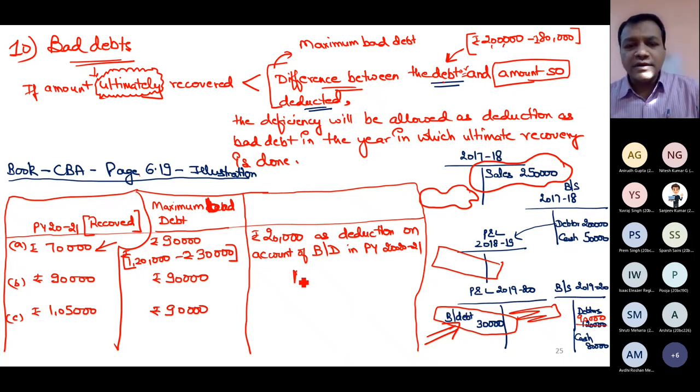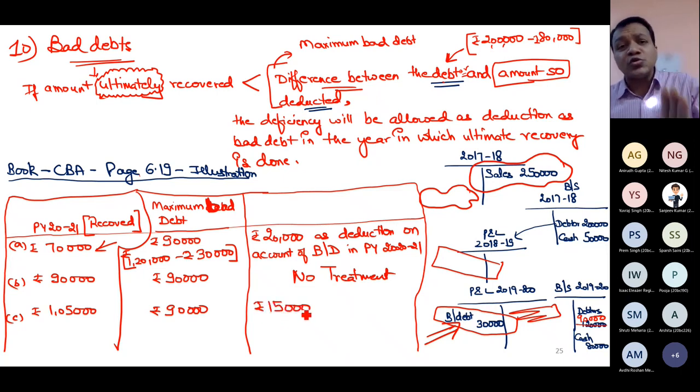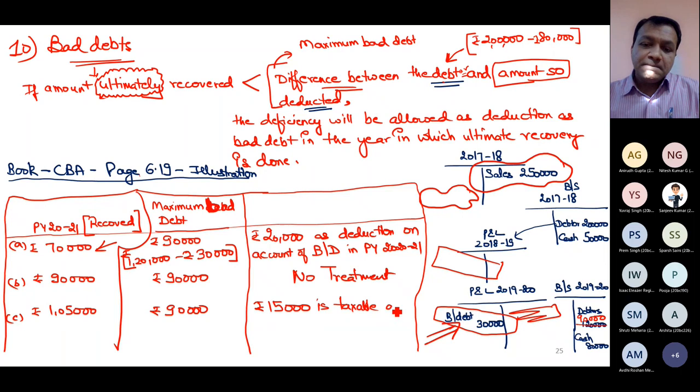If you receive 90, no treatment, no loss, no profit. And if you receive 1,05,000, technically 15,000 extra you have received than what we have shown on the credit side of the P&L account. So 15,000 is taxable as PGBP income. This section you will read later on.